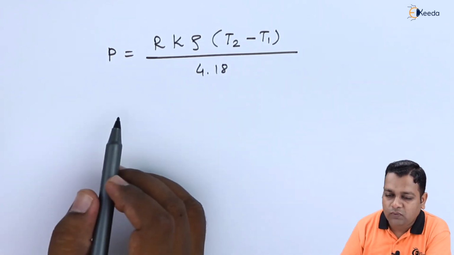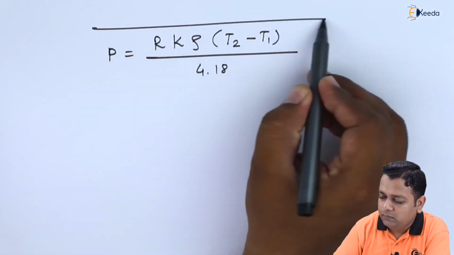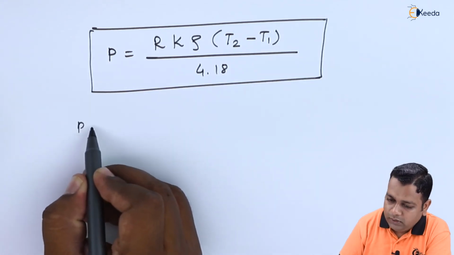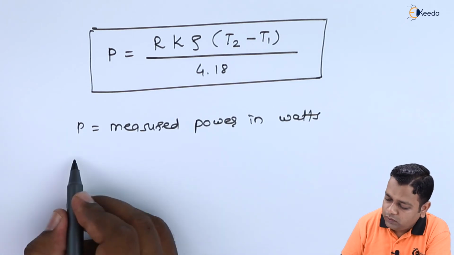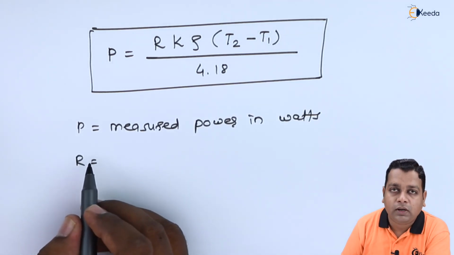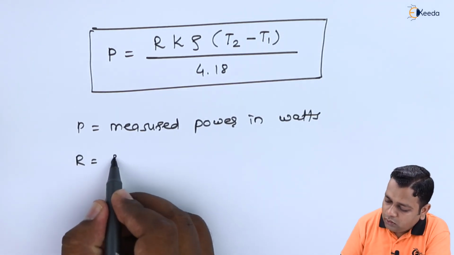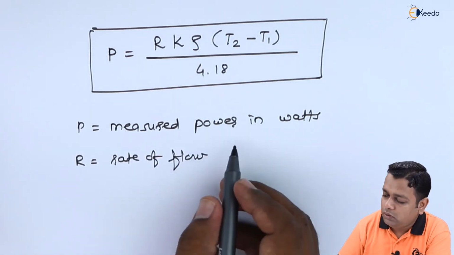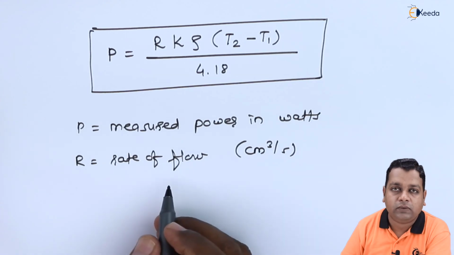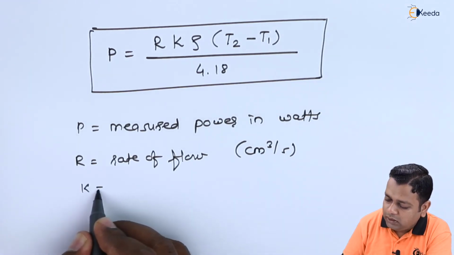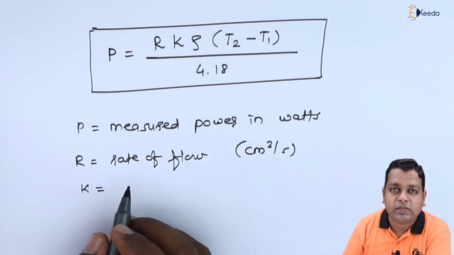So in this equation, we have the capital P, this is the measured power in watts, whereas we have capital R. Capital R is nothing but the rate of flow. This is the rate of flow in terms of centimeter cube per second here, whereas capital K denotes here the specific heat.